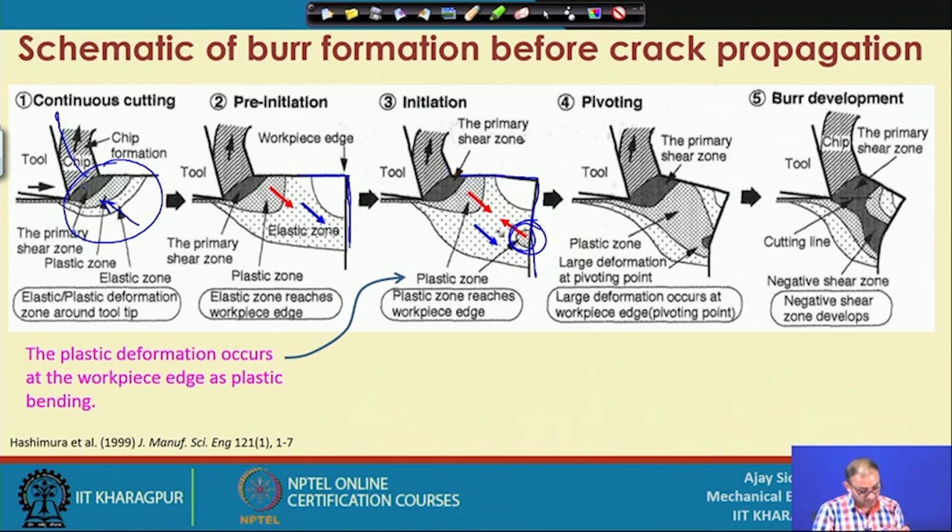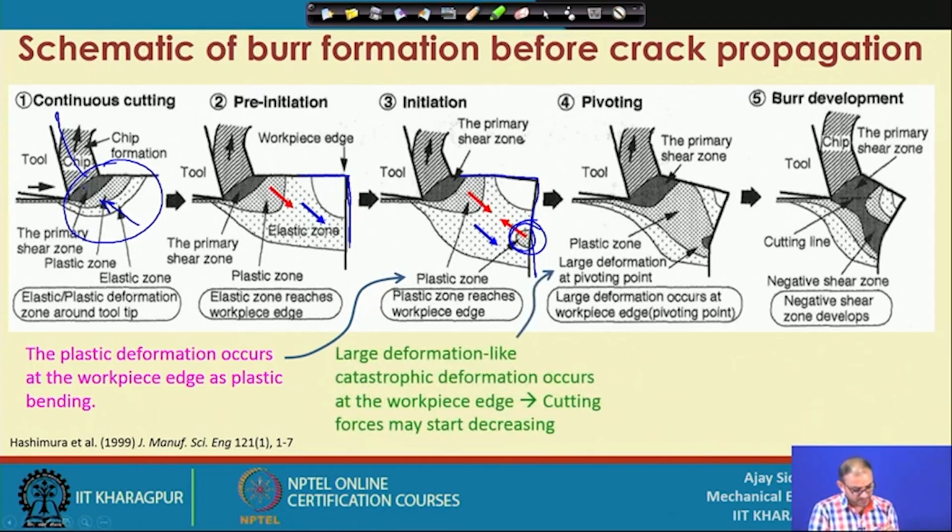Now, in the next stage, these plastic zones will try to connect with each other, because as your tool moves further inside, you can see in this diagram that the whole thing is a plastic zone now, and it is pivoting. Pivoting means the initiation of large deformation. You again get a shear zone at this location, but not because of the cutting tool interaction, but because of the bending of the workpiece.